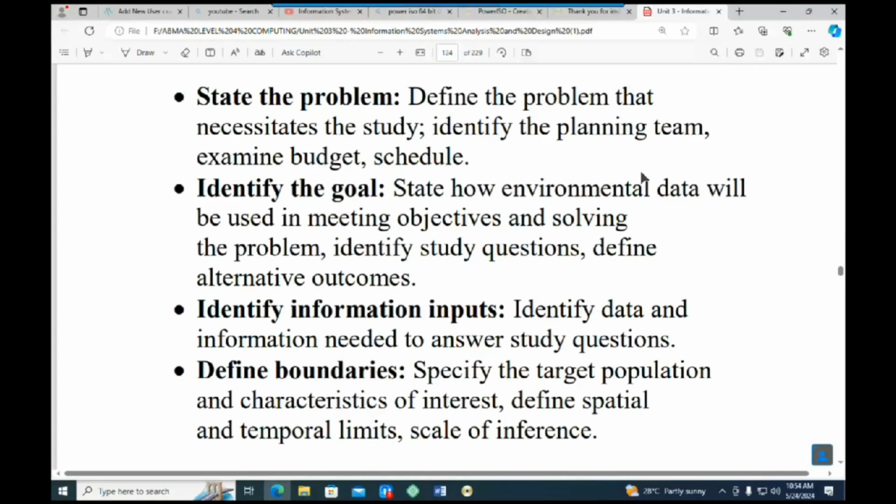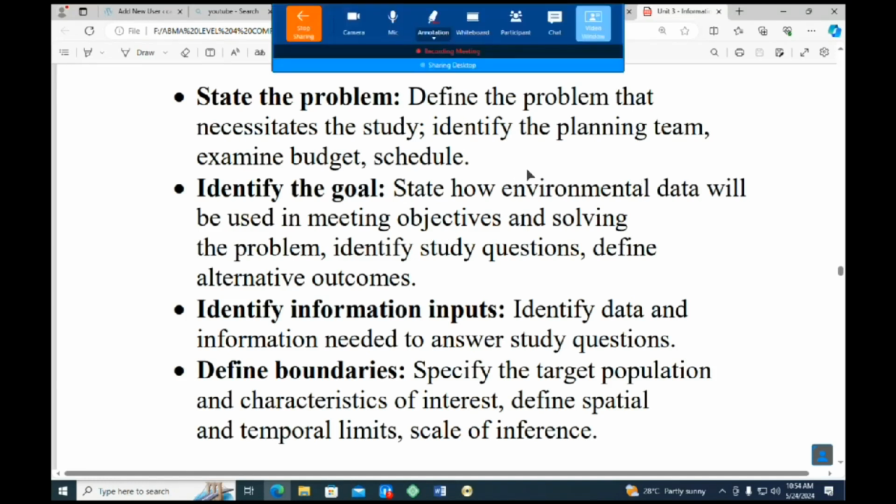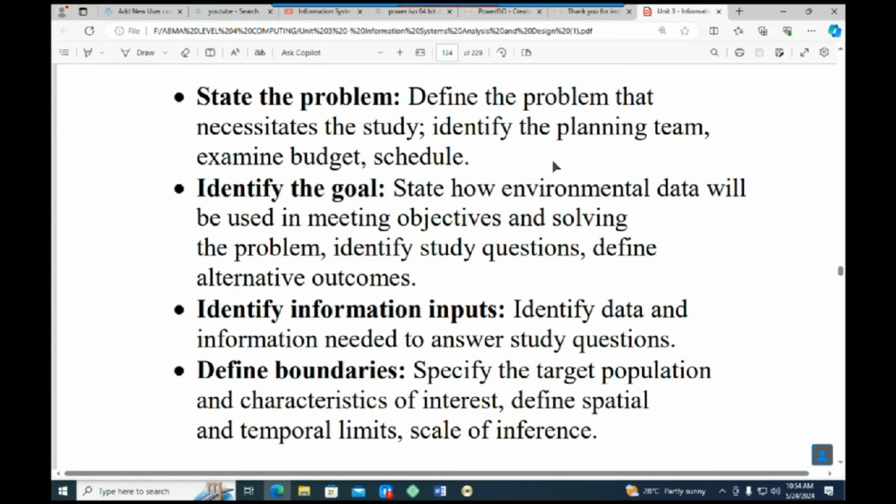The first step is stating the problem. That is the first step. State the problem. And in the first step, stating the problem, here you are going to define or identify which problem is actually causing this study.